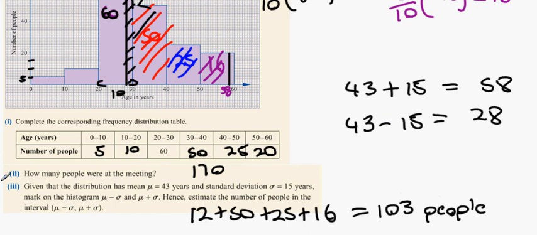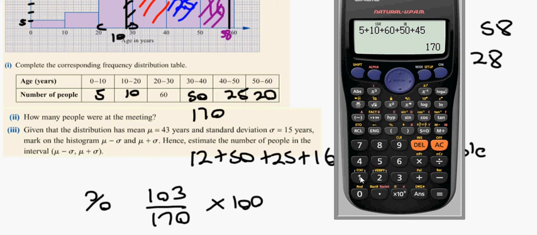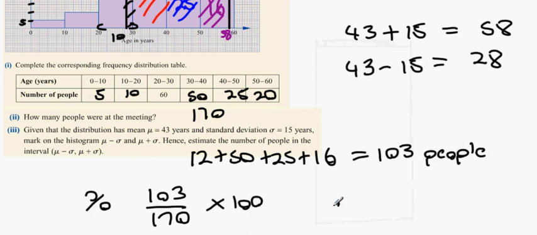If I was asked what percentage of people, I have to do 103 divided by 170 multiplied by 100 to find the percentage. So 103 divided by 170, multiply your answer by 100, and the answer would be 60.6%. So they can just ask you different variations of the same question there.